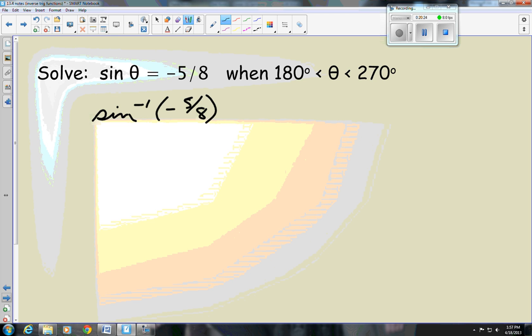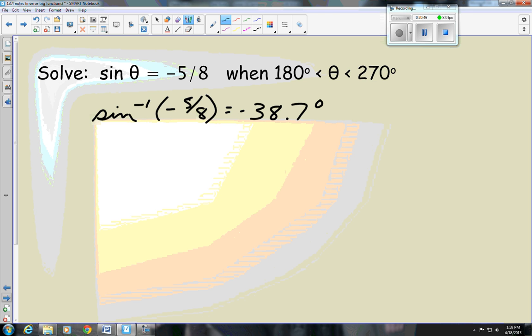Second sine, negative 5 divided by 8. Should get a negative 38.7 degrees. Okay. So if all you're finding is just the inverse function, you're done.